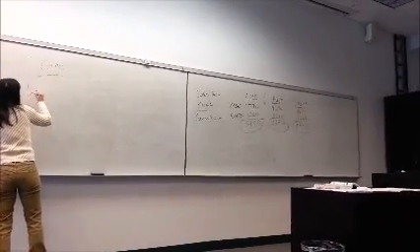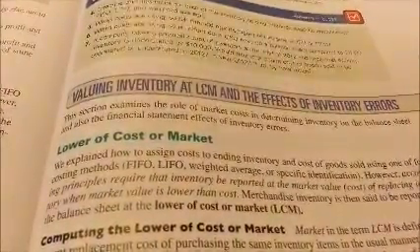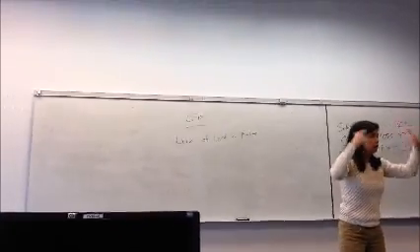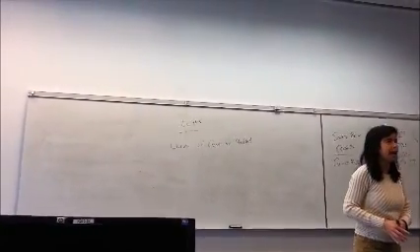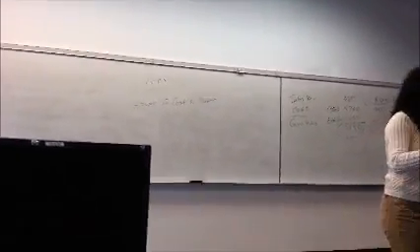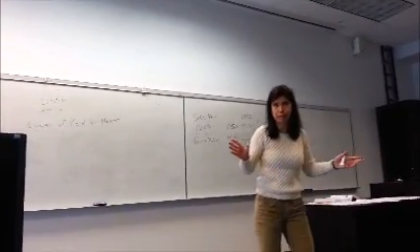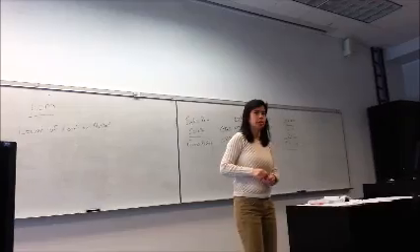LCM equals the lower of cost or market. Now, this is in addition to doing the costing methods. So after you've done LIFO, FIFO, or weighted average, they're typically mutually exclusive, right? You pick one of the methods. You don't do all 3 of them, except maybe in testing purposes.